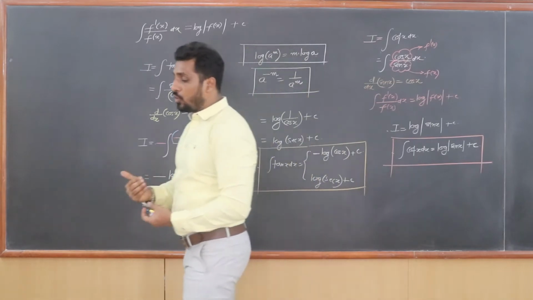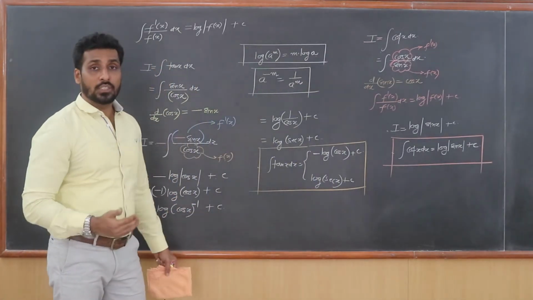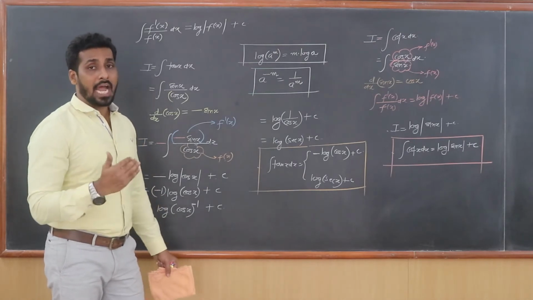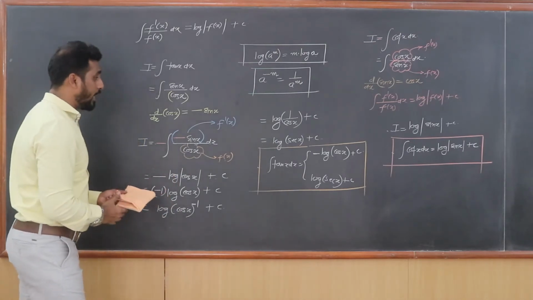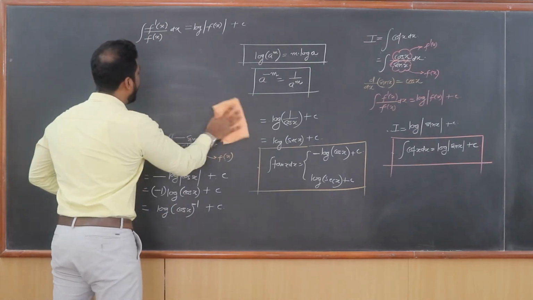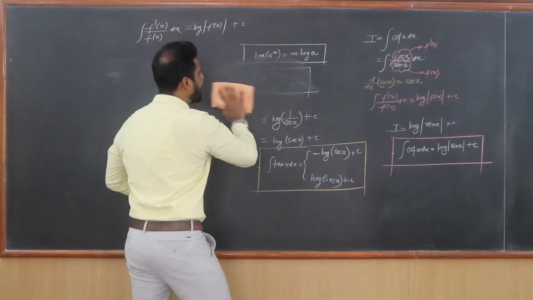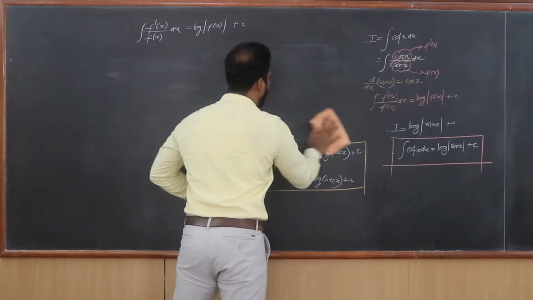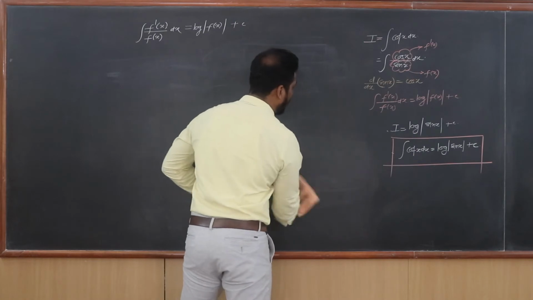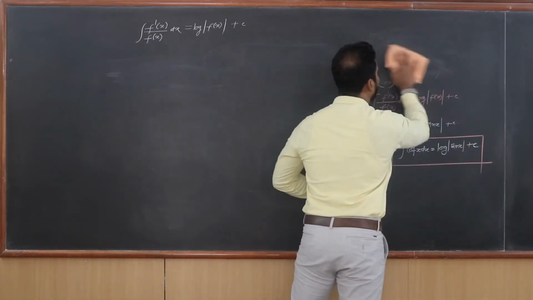What we'll do is, we'll go ahead to understand the next standard function, integration of sec x and cosec x. By the time, I'll remove this part from here, and then we will understand how to get integration of sec x and integration of cosec x. So integration of sec x and cosec x are also standard functions.